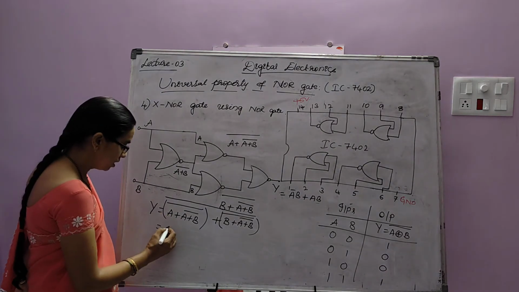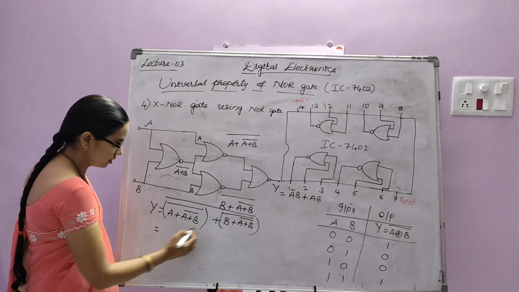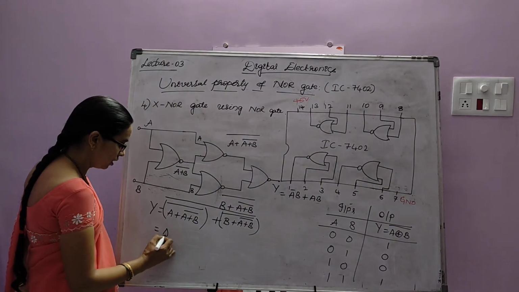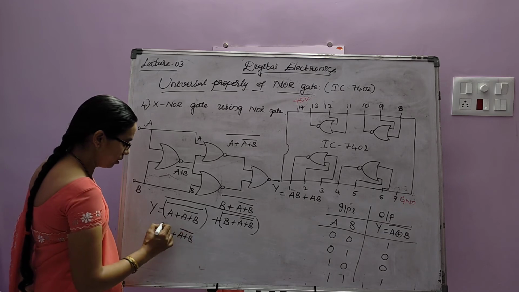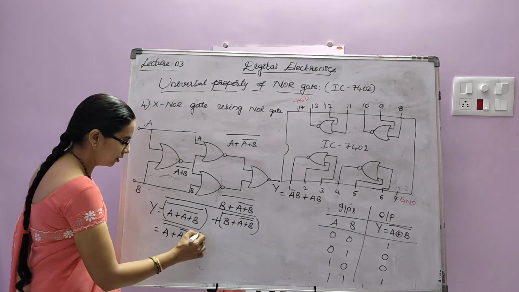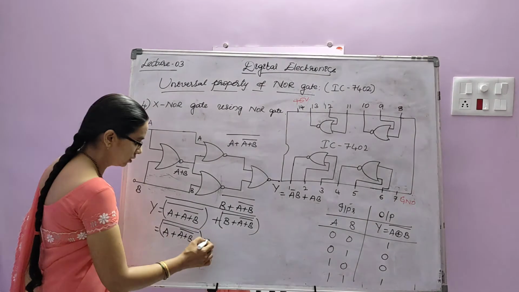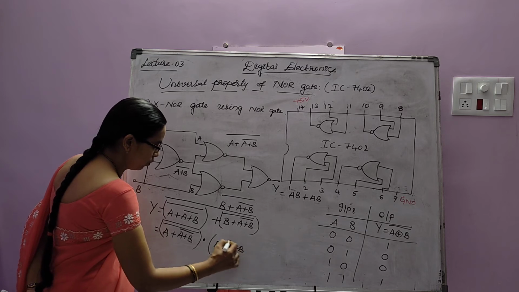Here if you expand this and split this, then this plus will become dot. (A plus B) whole bar double complement dot (B plus (A plus B) whole bar) double bar.